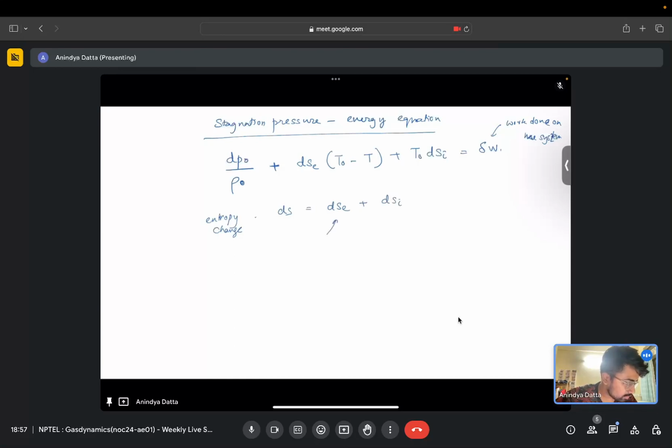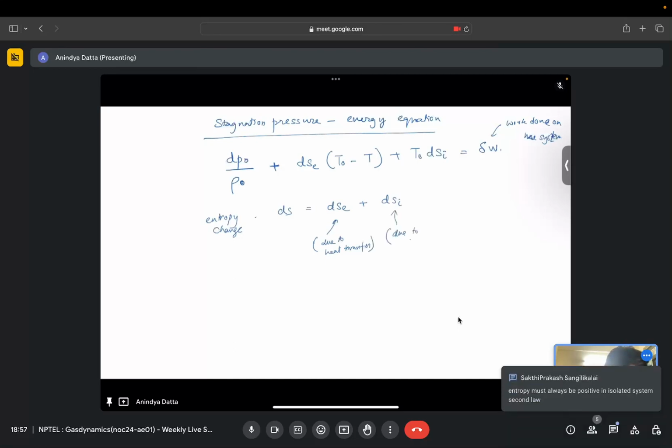So this is due to heat transfer, and this is due to irreversibilities.